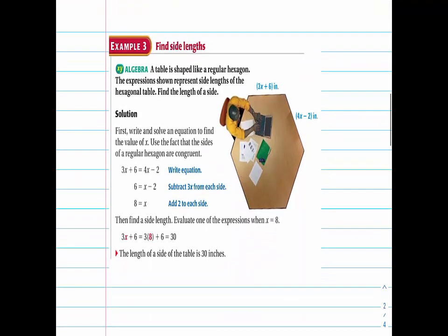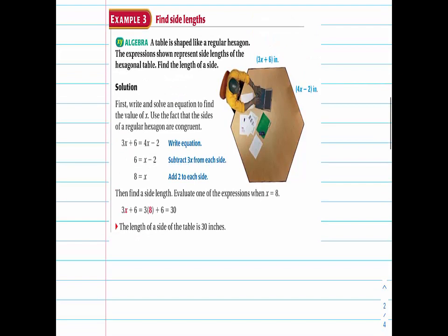Okay, now let's look at an example here of how we could use some of this stuff. A table is shaped like a regular hexagon. Now remember, a regular hexagon means all the sides are the same length. All the angles have the same measurement. Okay, now what they've done is they've expressed the length of the side here as 3x plus 6 and the length of the side here as 4x minus 2.